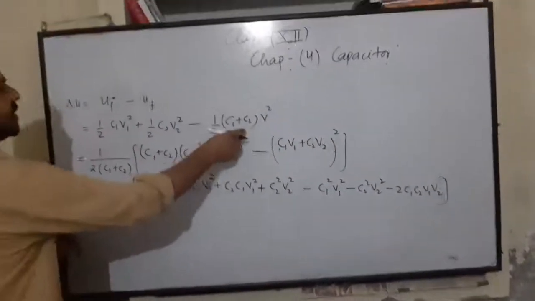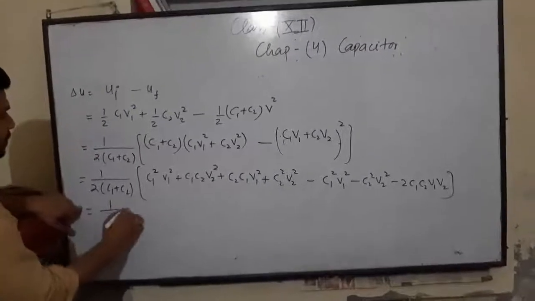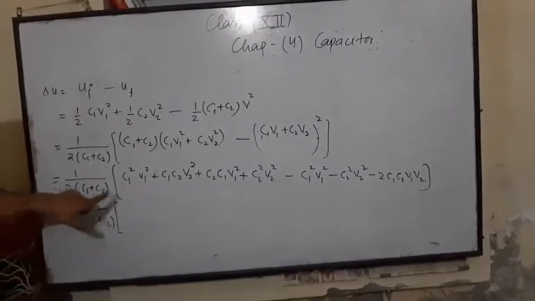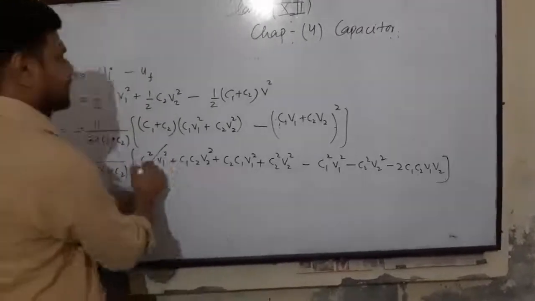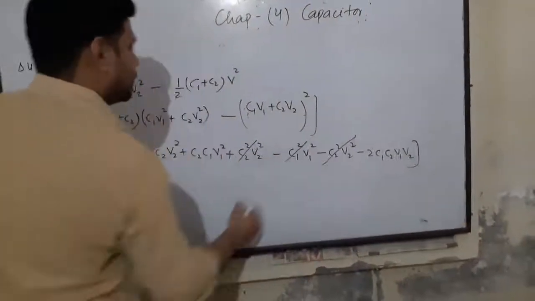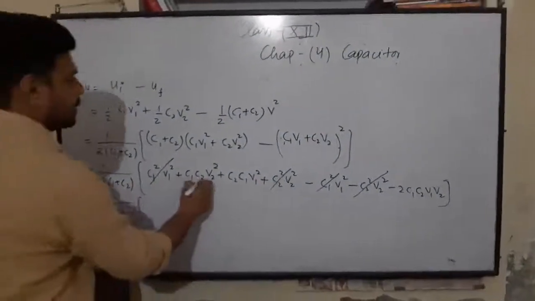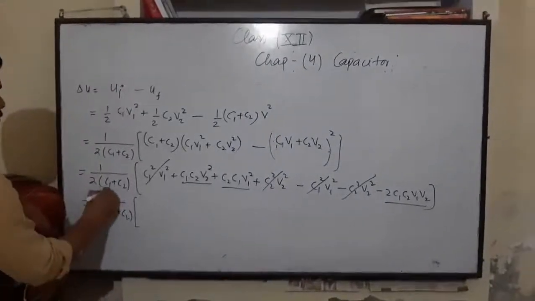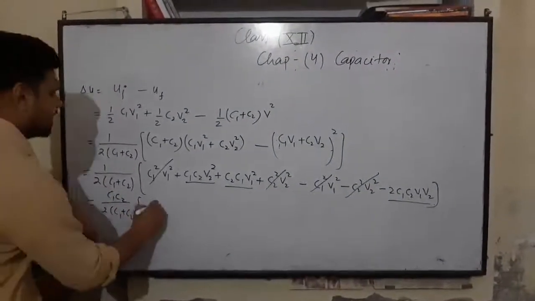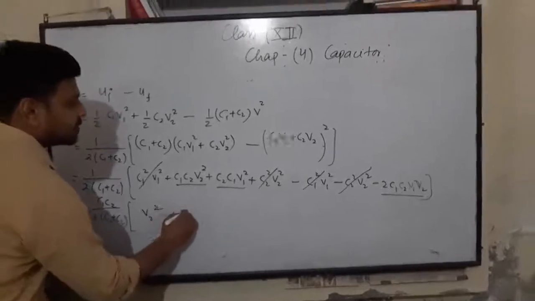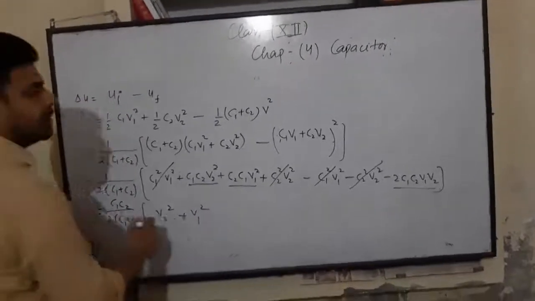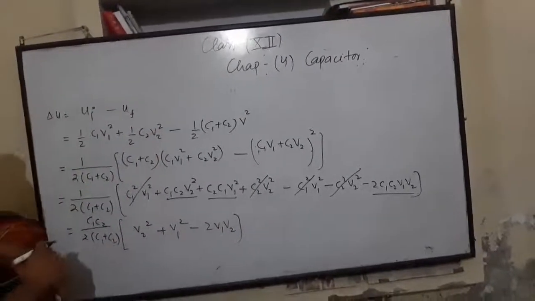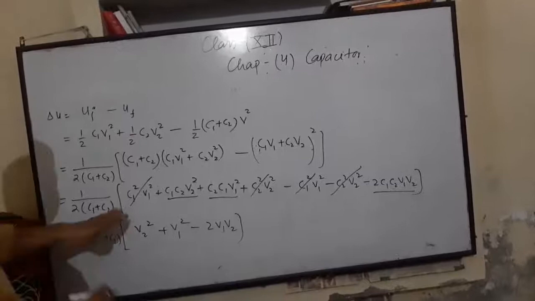This cancels when we take this common. Now C1 square V1 square cancels, and take common in these three terms C1 C2. So C1 C2 and then V2 square plus V1 square minus 2 V1 V2.